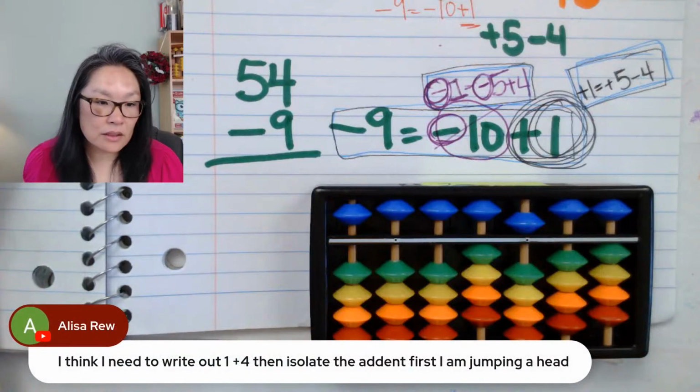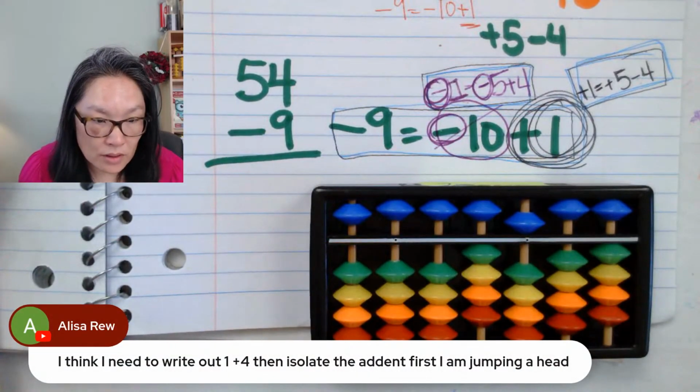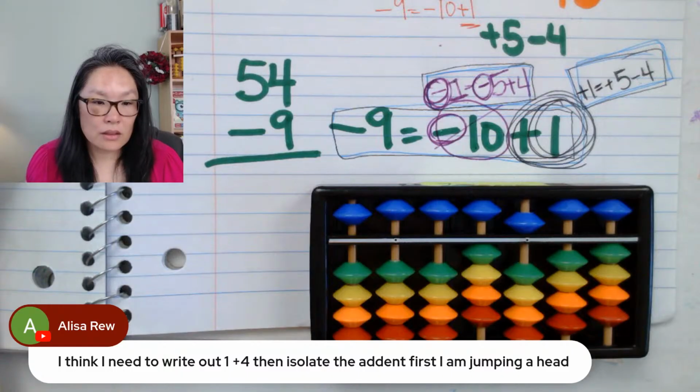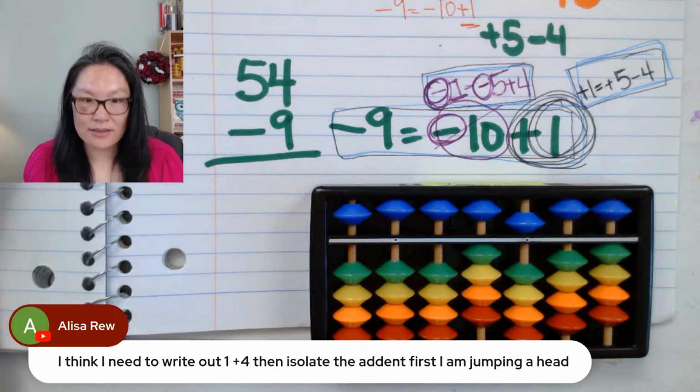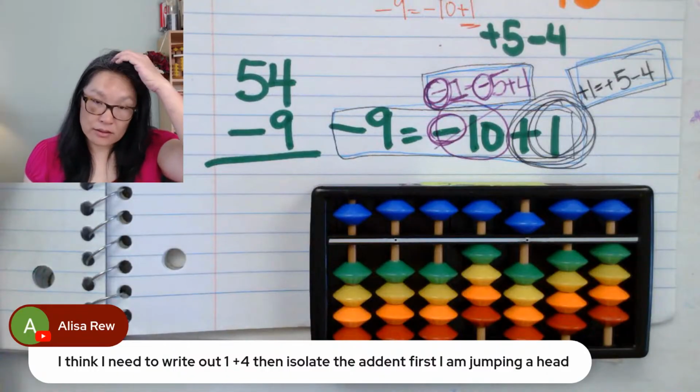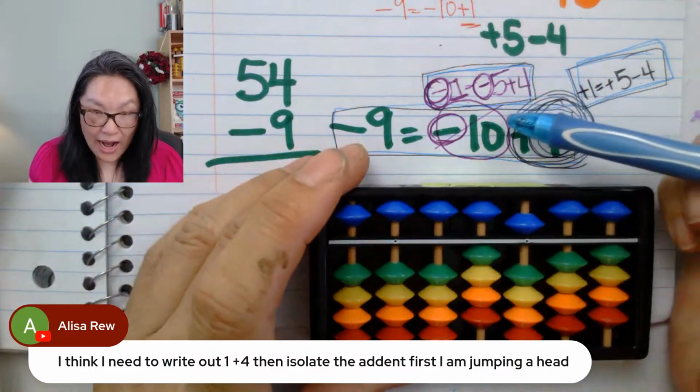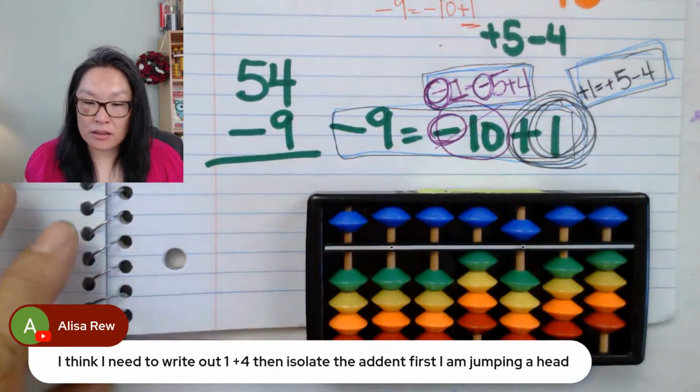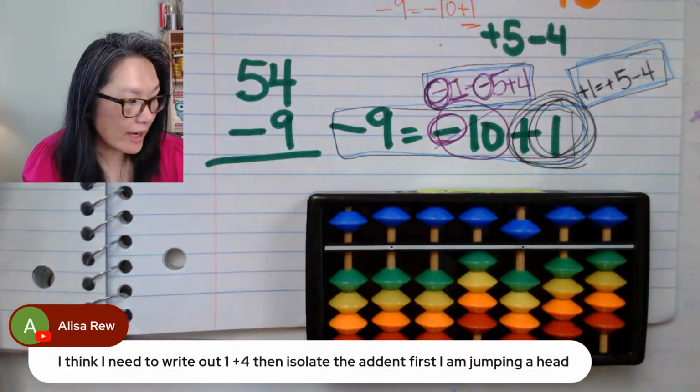I think I need to write it out, plus the 4 to isolate the first add-in. Yes, in the beginning, I would write it out.